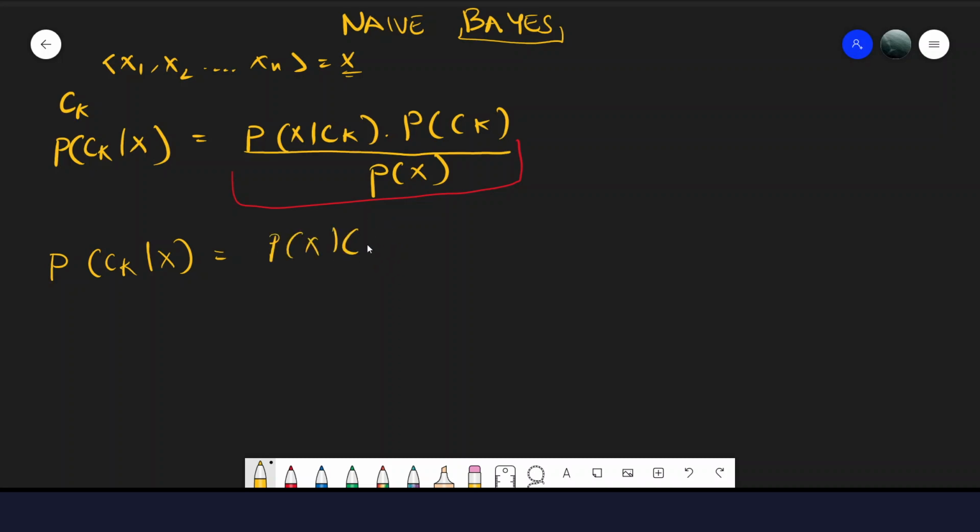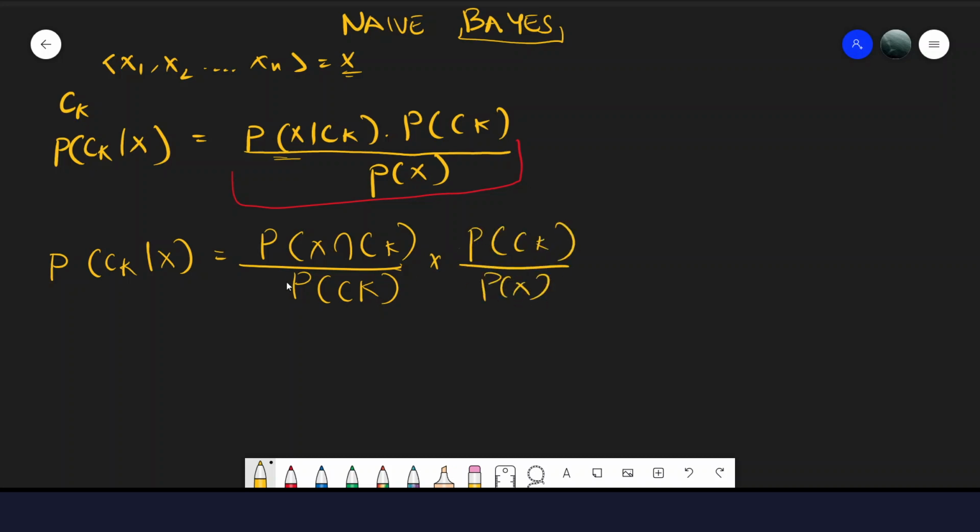P of x given ck can be written as P of x and ck whole upon P of ck. I've covered this in one of the previous videos, so if you don't know that, just check it out. Into P of ck whole upon P of x. So this cancels out and we are ultimately left with P of x and ck whole upon P of x.